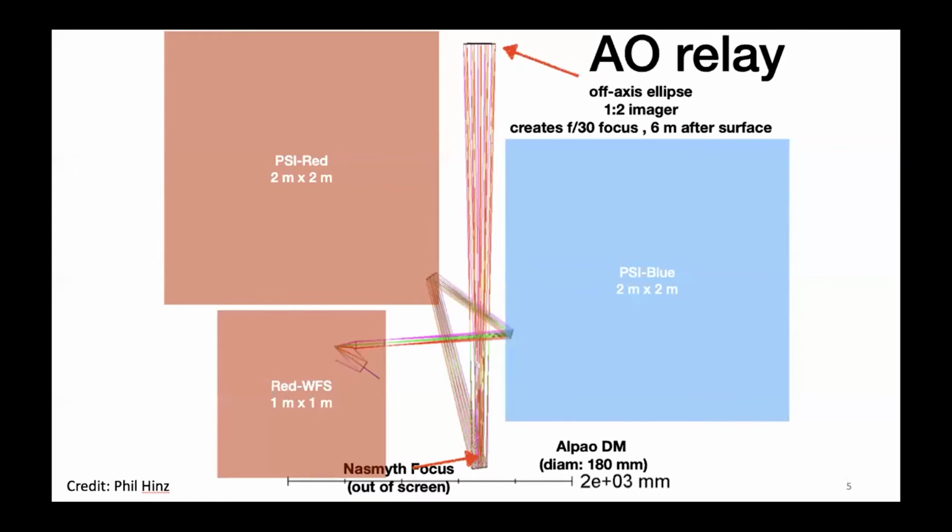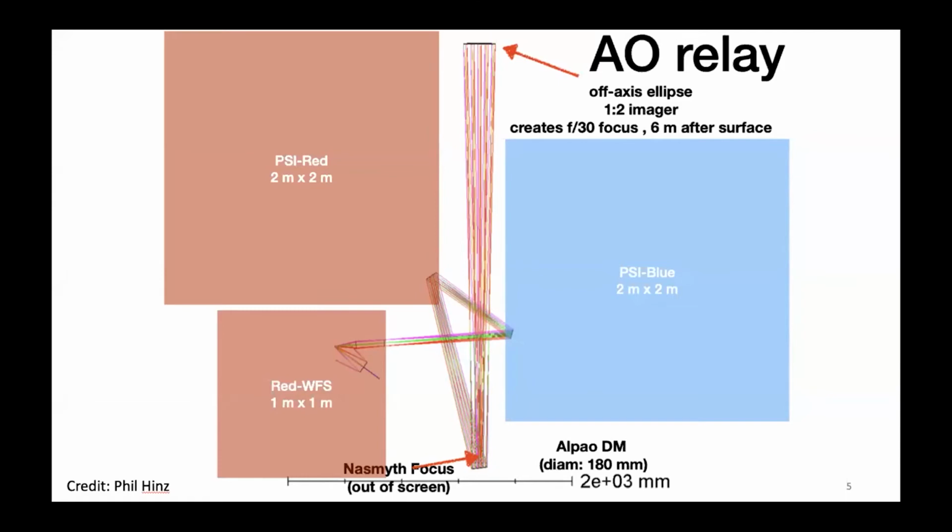Okay, so this is an image of our preliminary optical design. This was created by our Lab for Adaptive Optics director, Phil Hinz, here at UC Observatories. And what you see here is that the telescope's focus is buried down at the bottom of the screen, so you can't see that here. But the light then diverges as you move up the center of the screen to that off-axis ellipse that I mentioned.